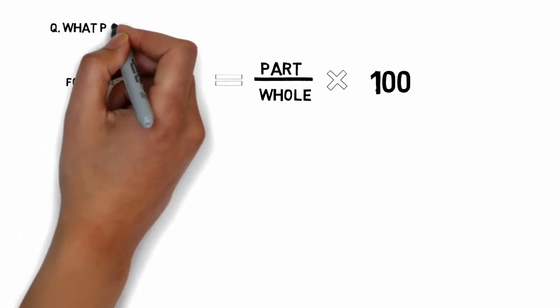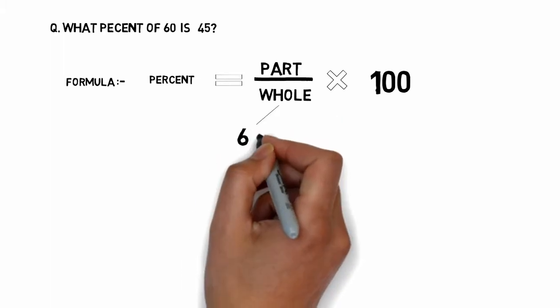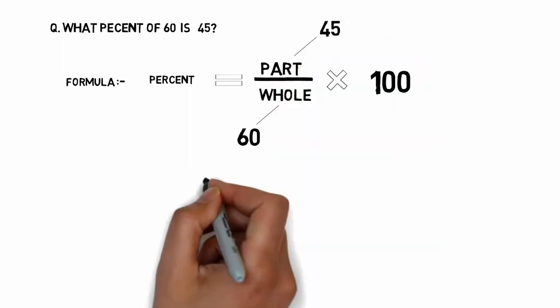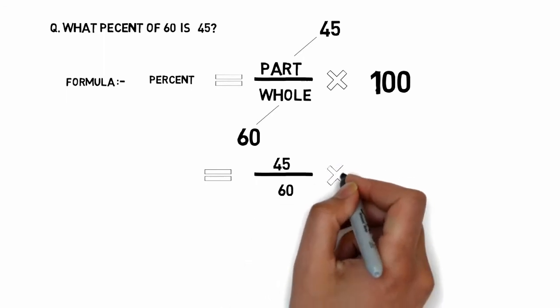Let's take some examples. First question: what percent of 60 is 45? If you want, you can try it yourself, but if you find difficulty, I am solving it for you. In the question you will find 60 as the whole thing and 45 as the part of the whole, and you just have to put it in the formula.